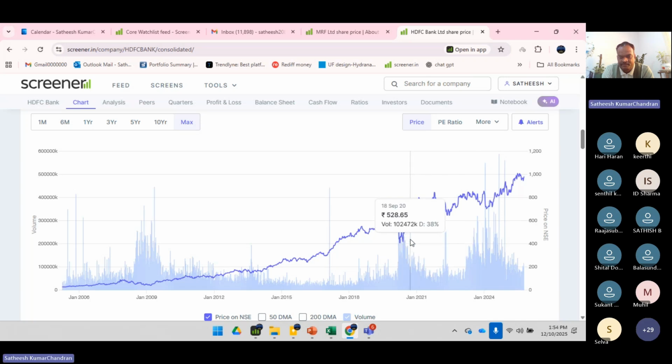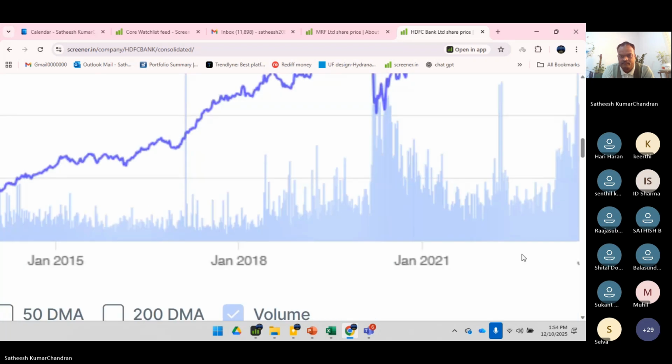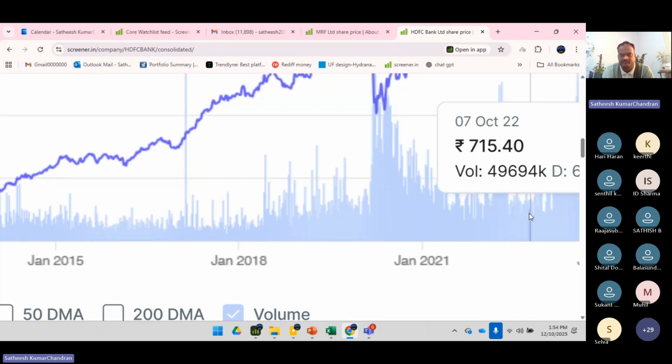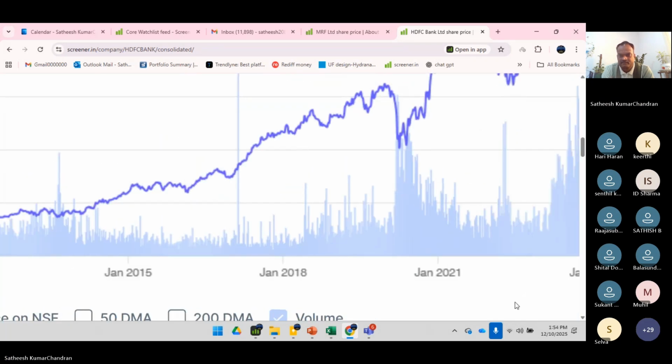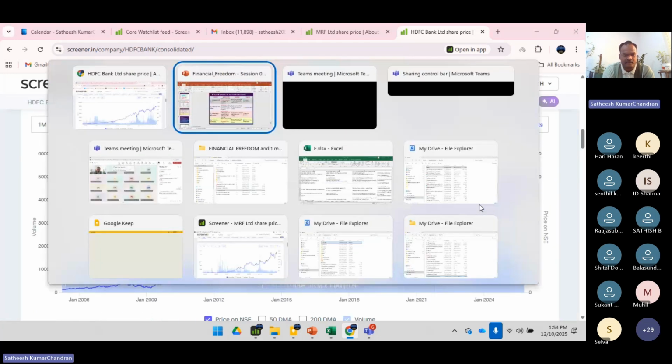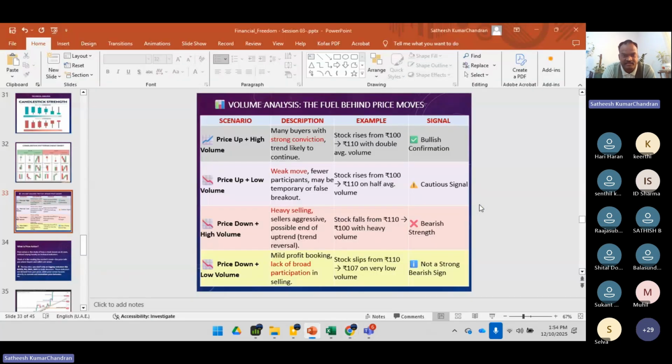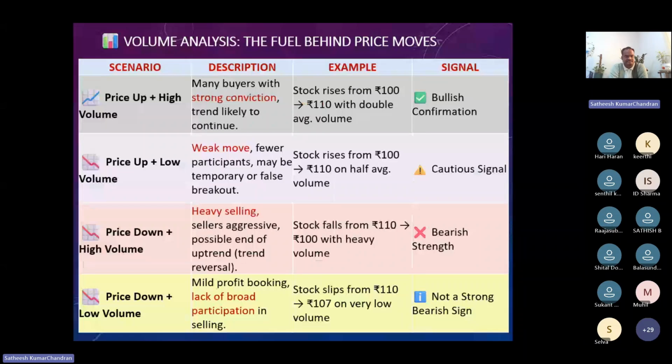Likewise, from 2020 to 2022, volume is declining. You can see this. So this is about volume. Volume is the key metric in technical analysis.